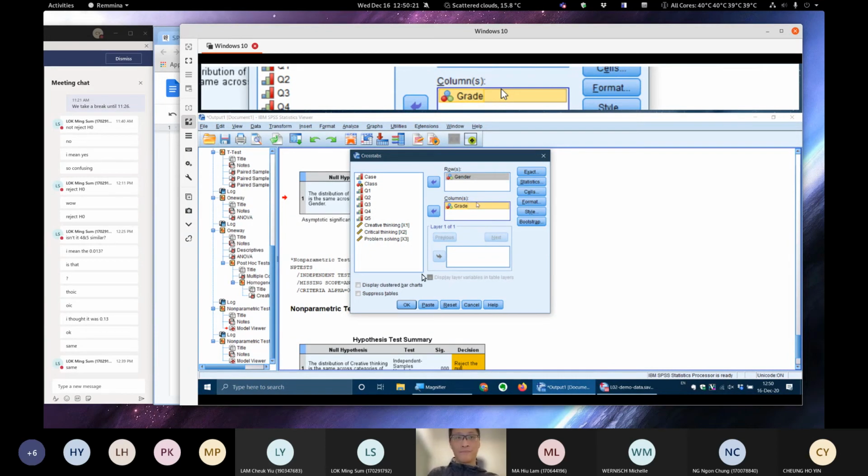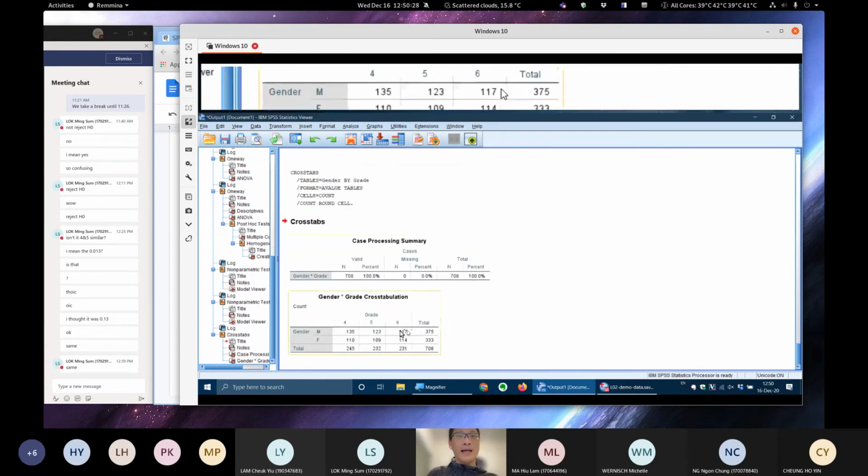Previously, we have already done the cross tabulation for this one, and here is the result from last time. So we know the number of people falling into each of the combinations. But this is not inferential statistics yet. This is just descriptive statistics.